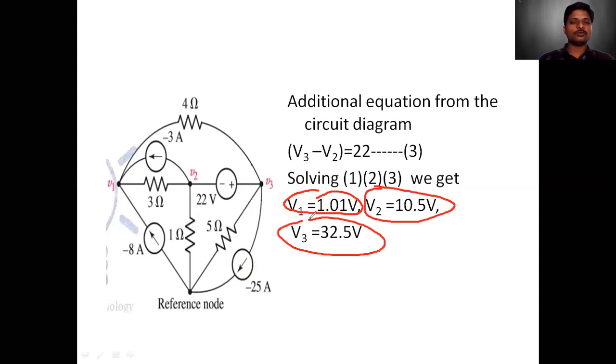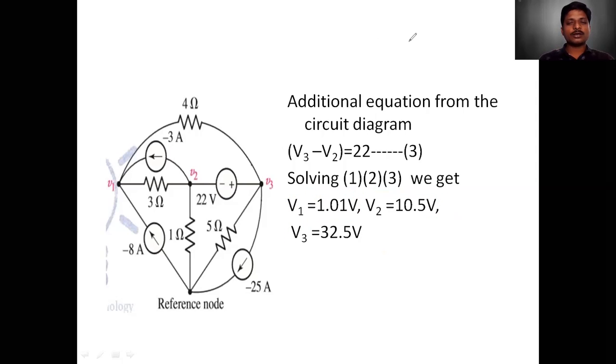So this is how you have to apply super node analysis. So we have a brief idea about mesh, super mesh, and node and super node analysis. This is how you can solve any kind of problem using super node analysis.